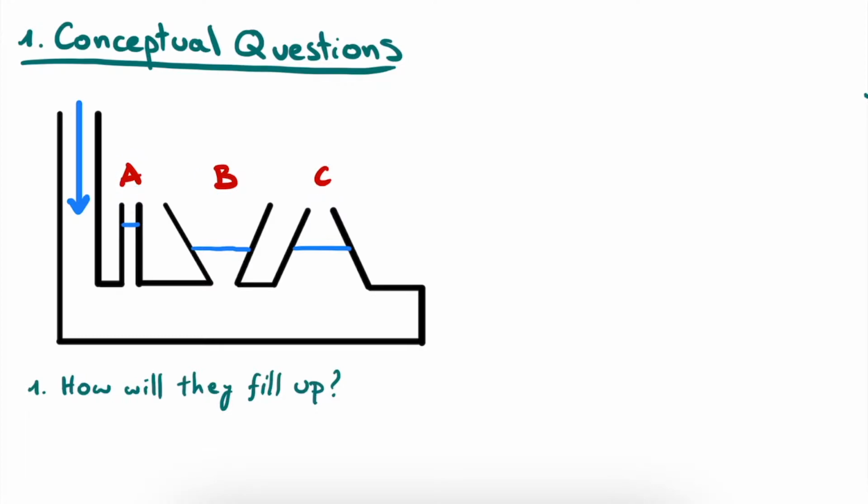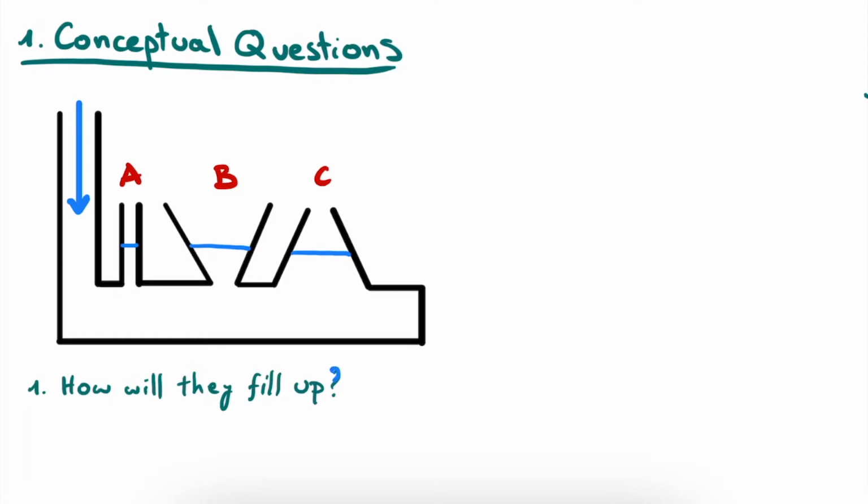Now, because we know that in any container, the surface of the water will always be level, this means, in this case, since we can consider all of these three openings as being from the same container, the water level in each opening will be the same, and it will be so at any point during the filling of the tank. The important point here is that water surfaces that are connected to the same container will always be at the same level.